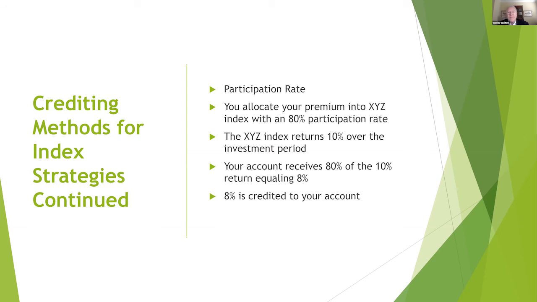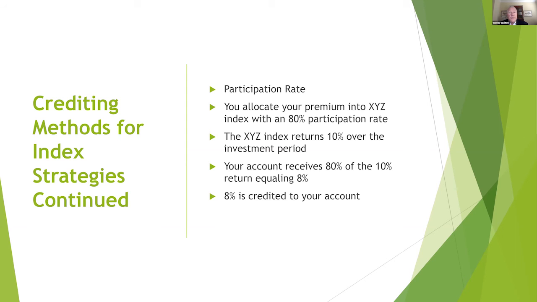Now, which of these is better? Well, with the cap, you are limited on what you can earn. If the market is performing poorly, you might want to look at a cap. If the market only returns 4% and you have a 6% cap, you'll make all 4%.